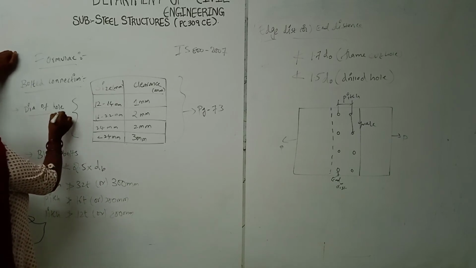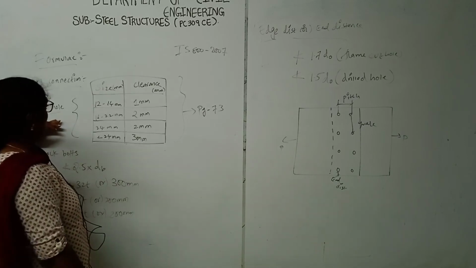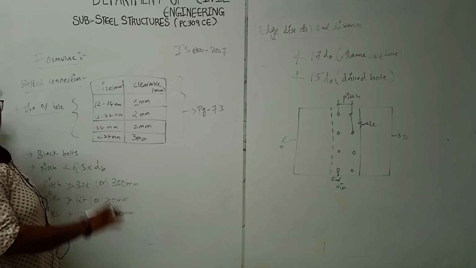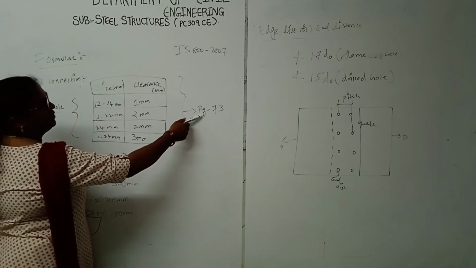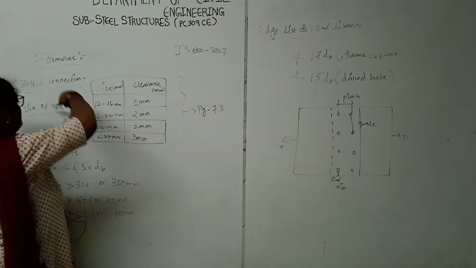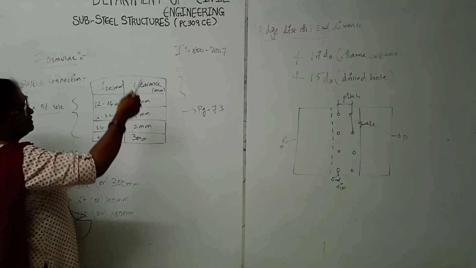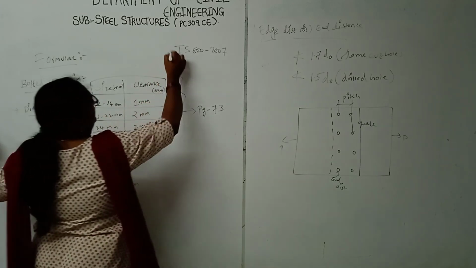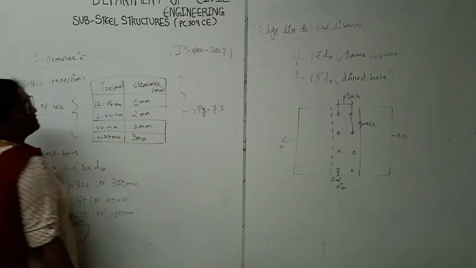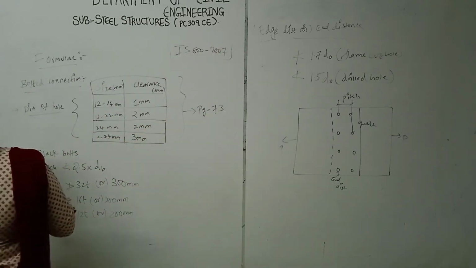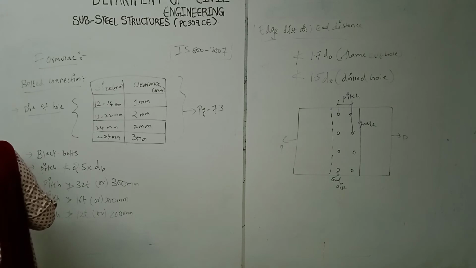Here this is your dia of bolt. You can get all these formulas, end distance, pitch distance, dia of the bolt, in page number 73 of IS 800 2007.